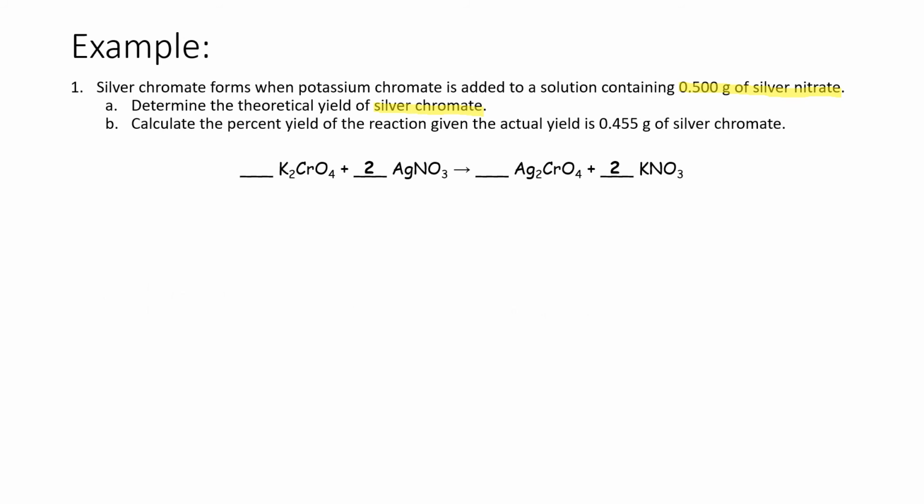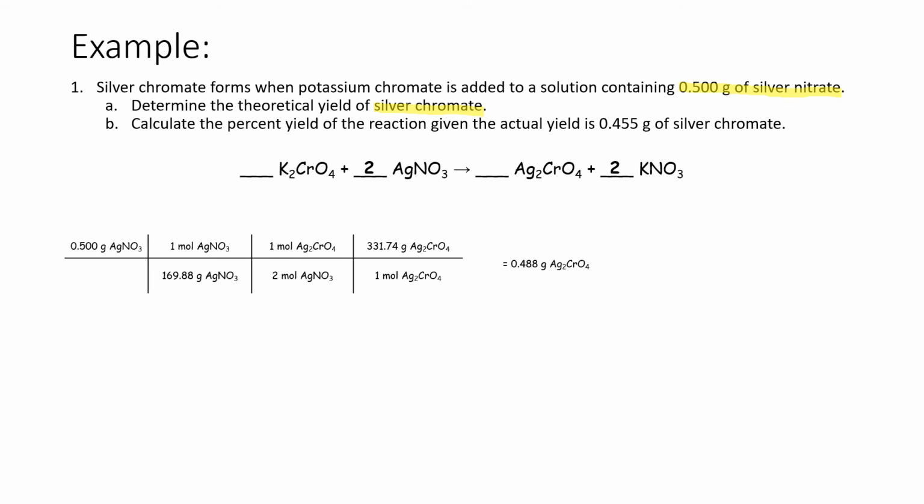All right, so I've already set my problem up and I've worked out everything here. So you can see we start with silver nitrate that's given in the problem. We're going to divide it by its molar mass. After we divide by the molar mass, we do a mole to mole ratio. And then after we do that mole to mole ratio, we go from mole to mass of the thing that we're looking for. All right, so we go ahead and solve that out.